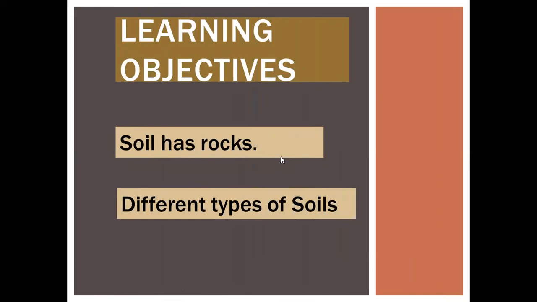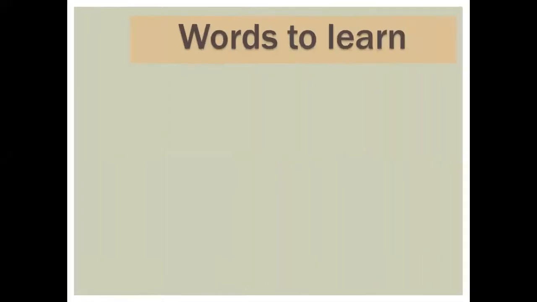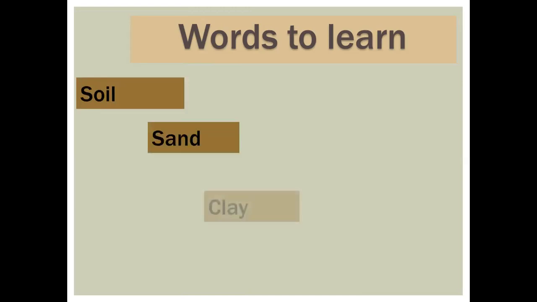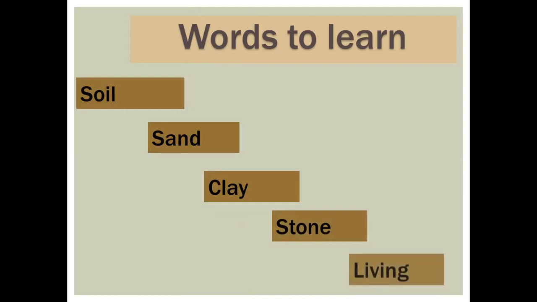In this lesson, we are going to learn that soil has rocks, and we are going to learn different types of soils. First of all, let's see the words that we are going to learn in this lesson: soil, sand, clay, stone, and living.